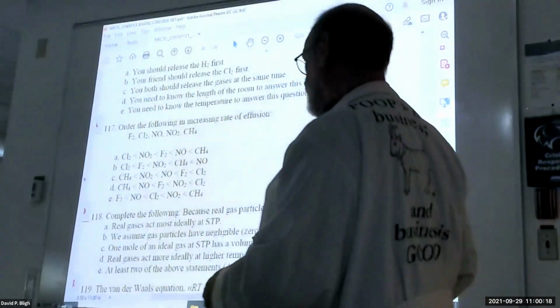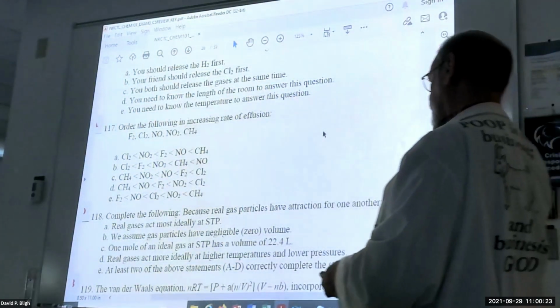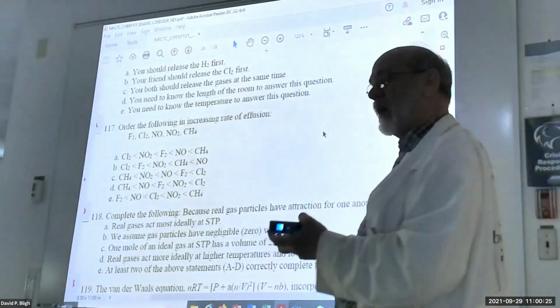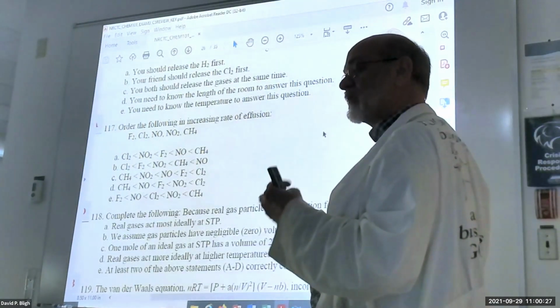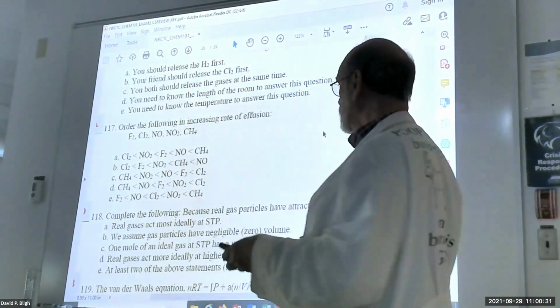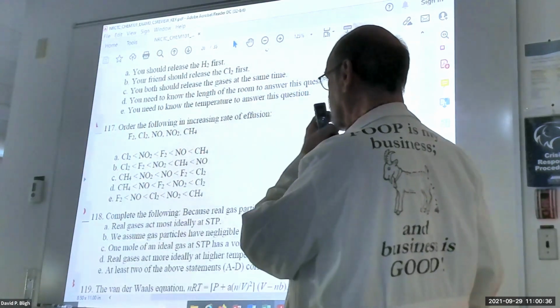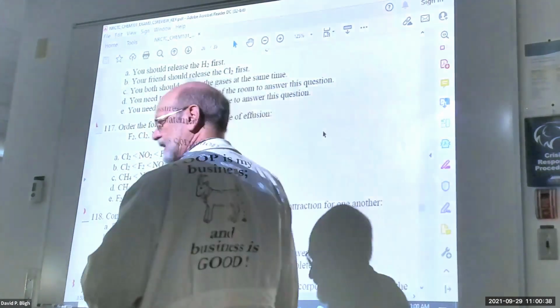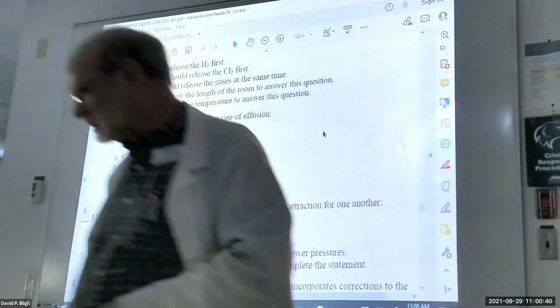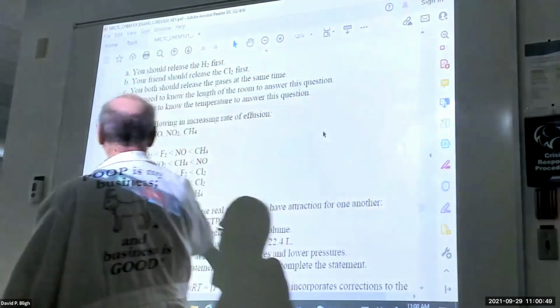17. Order the following by increasing rate of effusion. Based upon Graham's law, the rate of effusion should be slower for the heavier atoms, so we need to know the molar masses. Fluorine is about 19, so F2 would be 38.